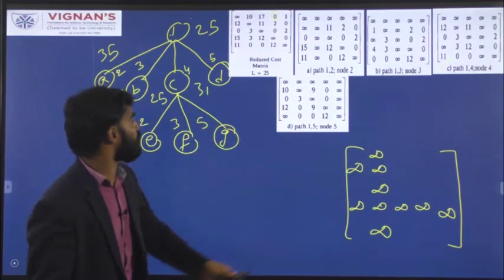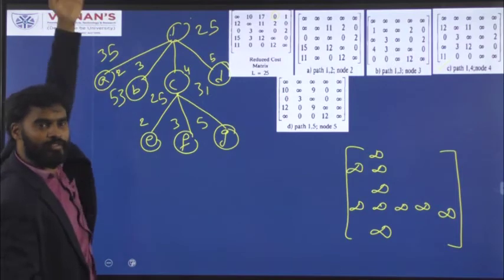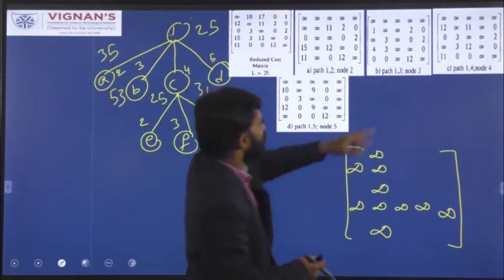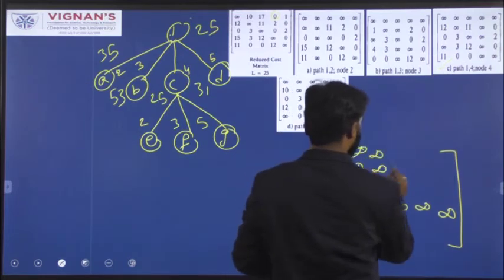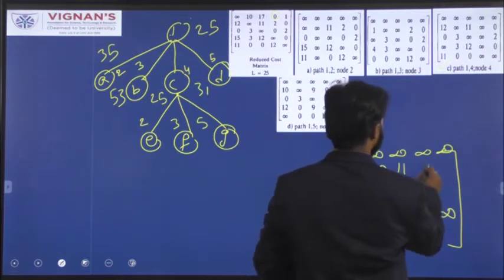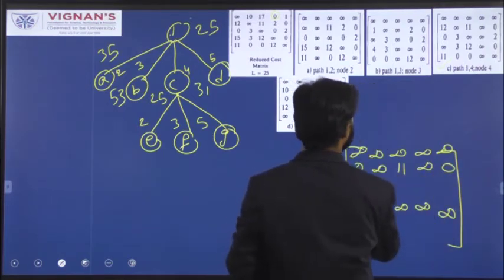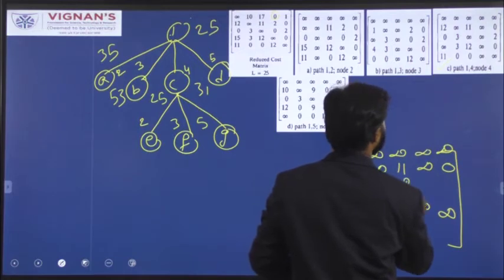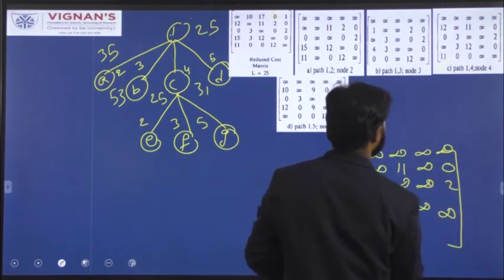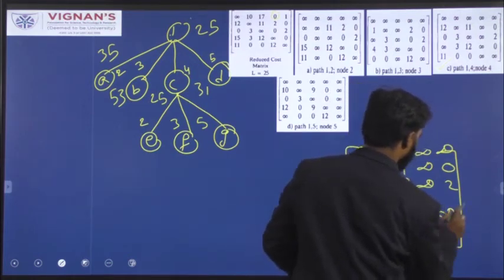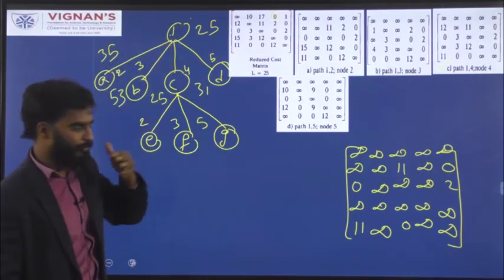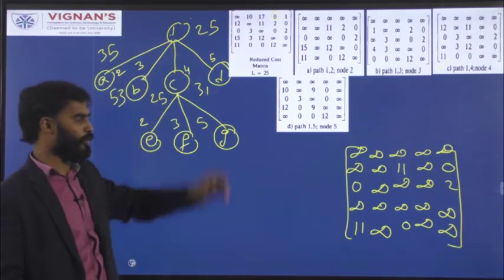The remaining values you should copy from C, not from the root node. The matrix of C, not from the matrix of the root node.